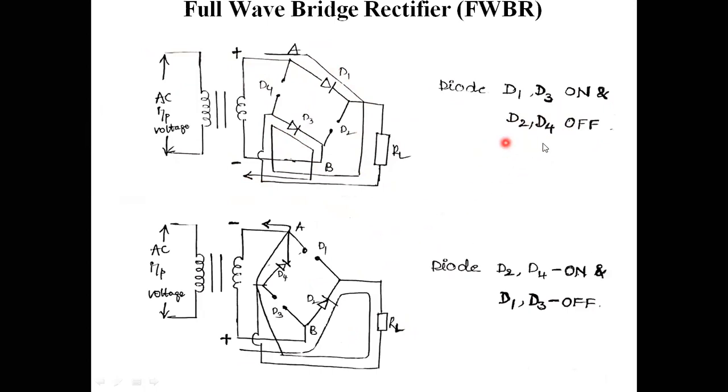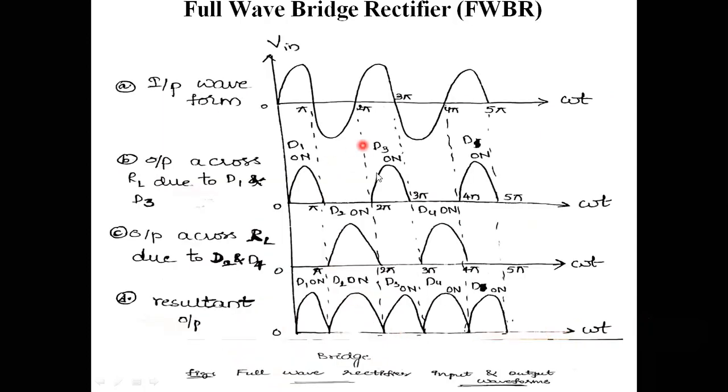Conduction takes place through these 2 diodes. For the negative half cycle, point B is more positive than point A, so conduction goes from point B through diode D2, RL, D4 to point A. That means diodes D2, D4 are on, and D1, D3 are off. In this way we can explain the waveforms as well as the operation of the bridge rectifier.